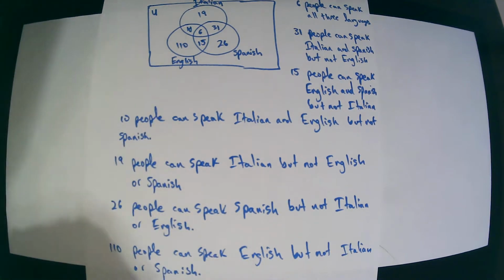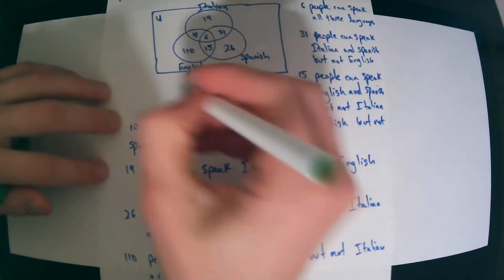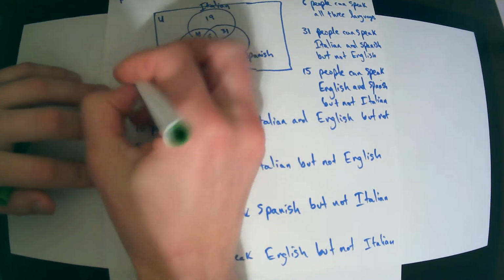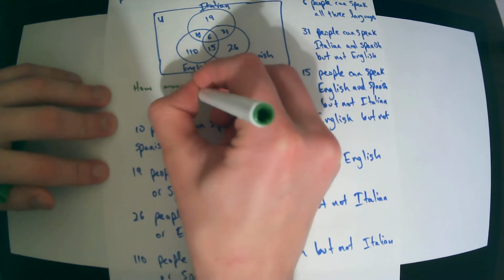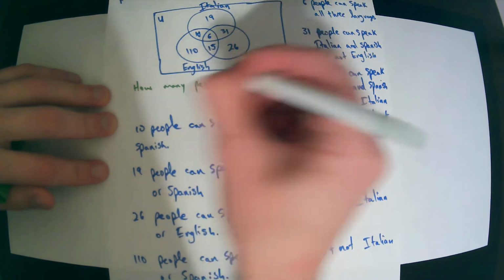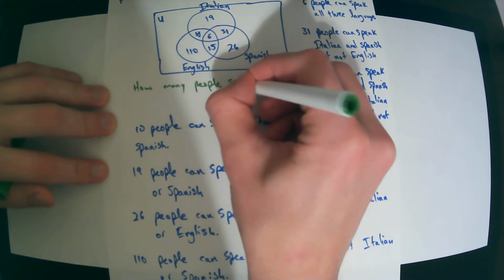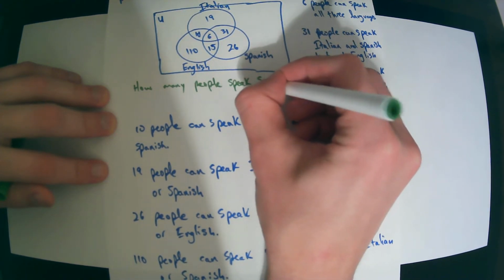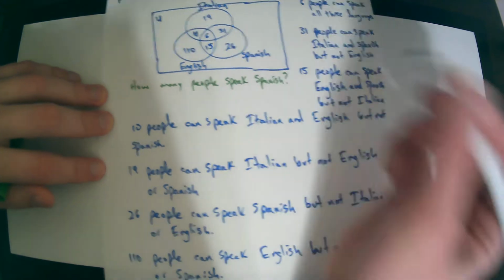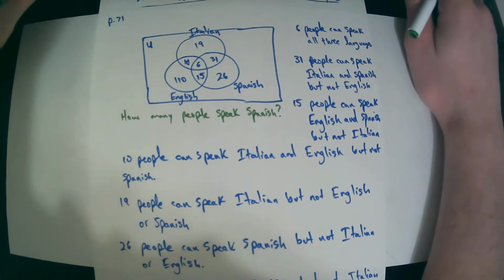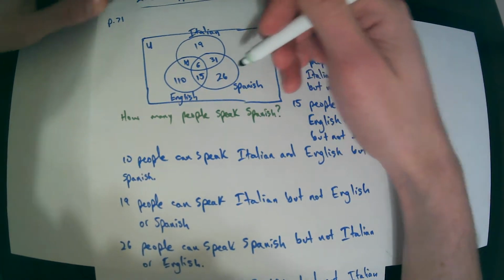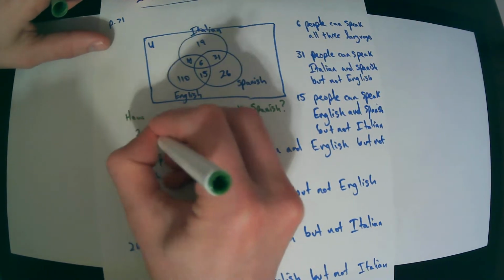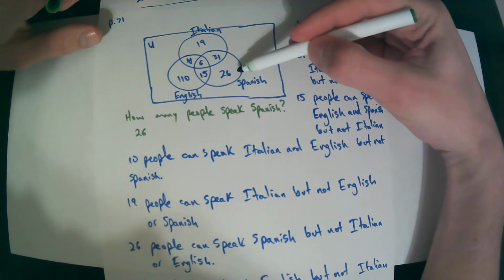Now, I could ask a question. How many people speak Spanish, according to this Venn diagram? Well, we've got these 26 that surely can speak Spanish. That's the only language they speak.